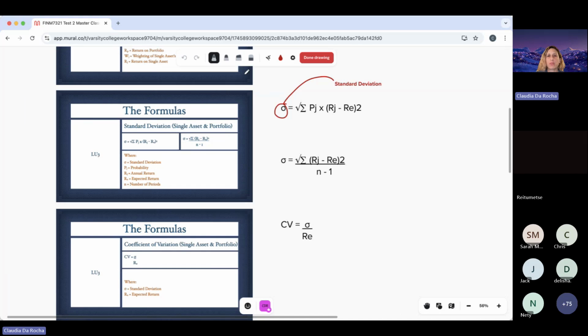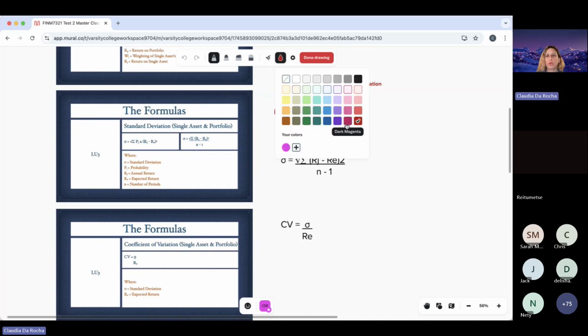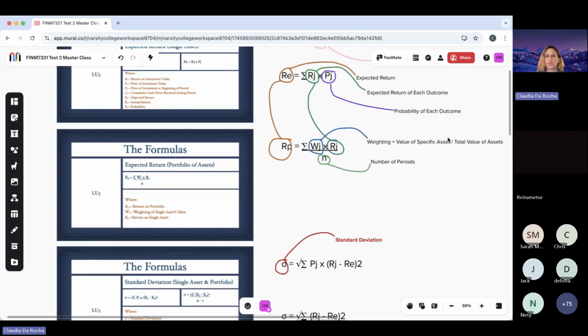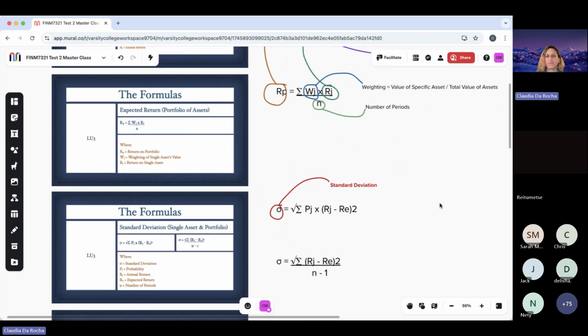Okay, so here we have PJ, which we know from before is your probability. Just want to use the same color so we don't lose that. Okay, purple.